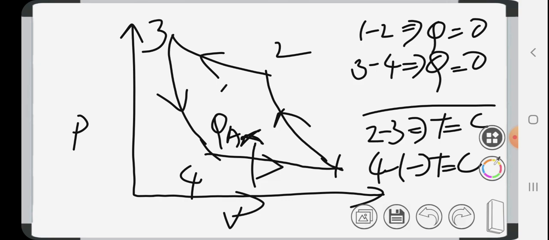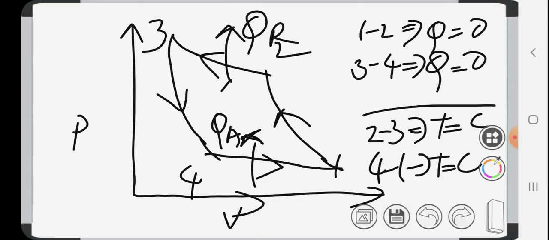In case of 2 to 3, the air gets compressed. The process is isothermal compression. So in order to get compressed, the air must reject heat. So here Q rejection takes place.